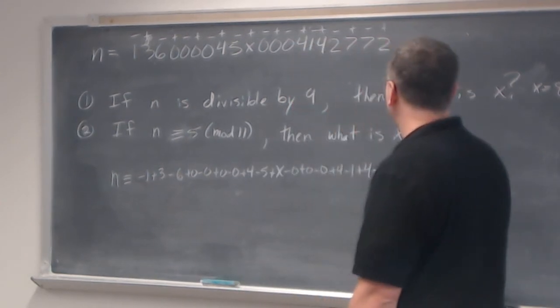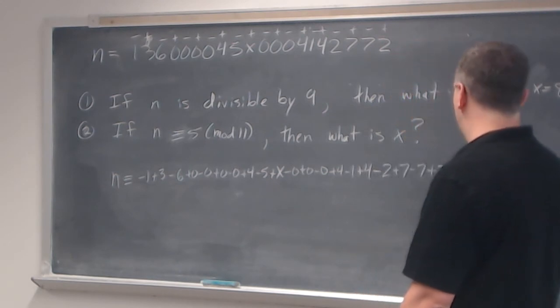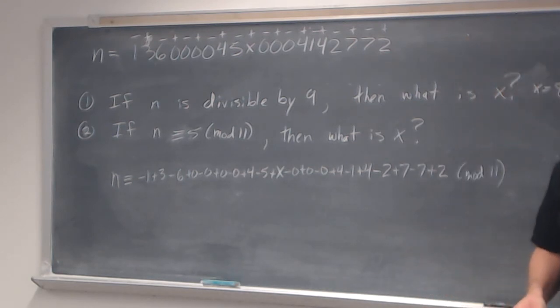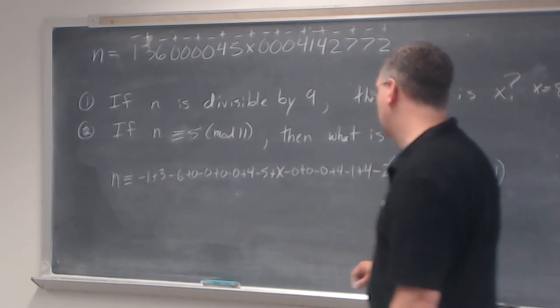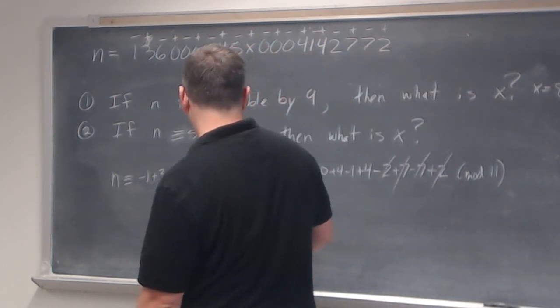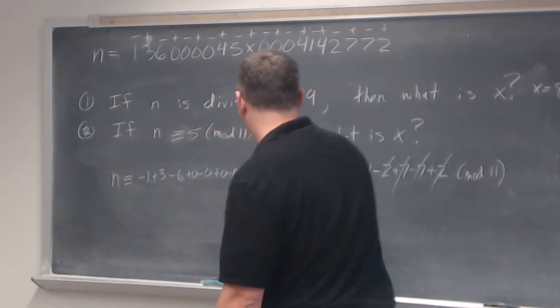Then you subtract. I got a plus 7 and a minus 7. And I got a minus 5.